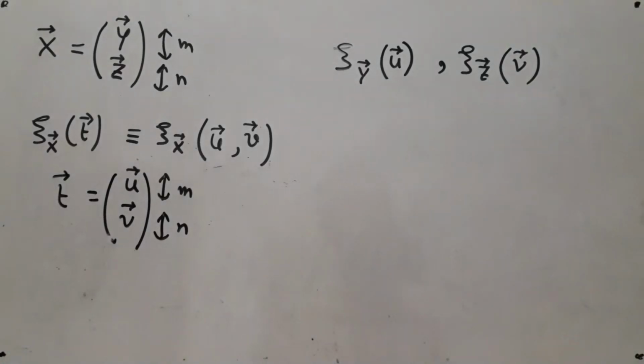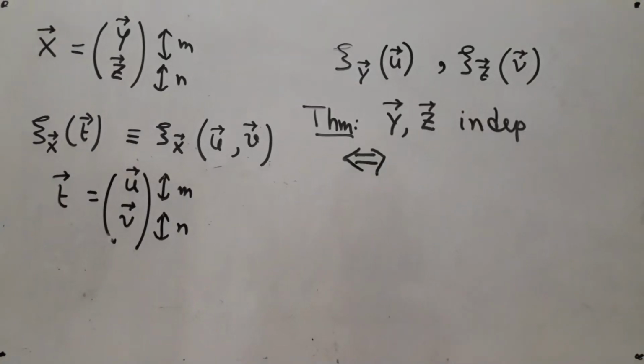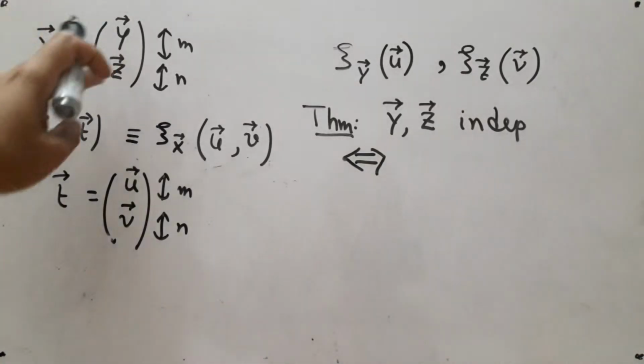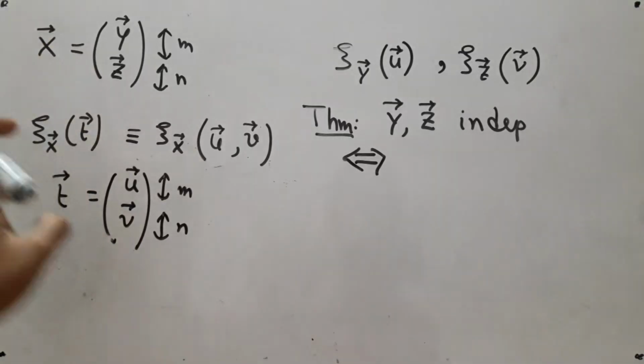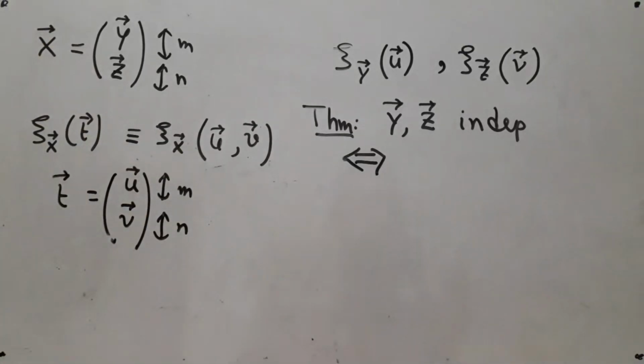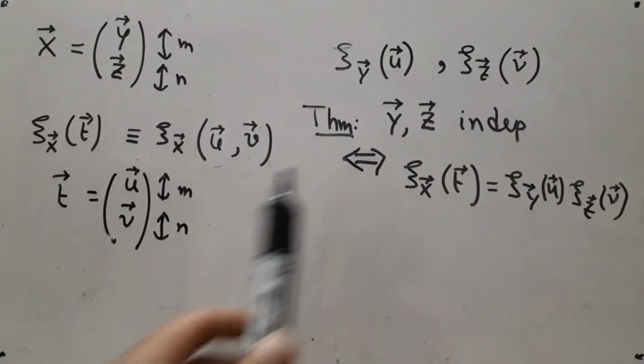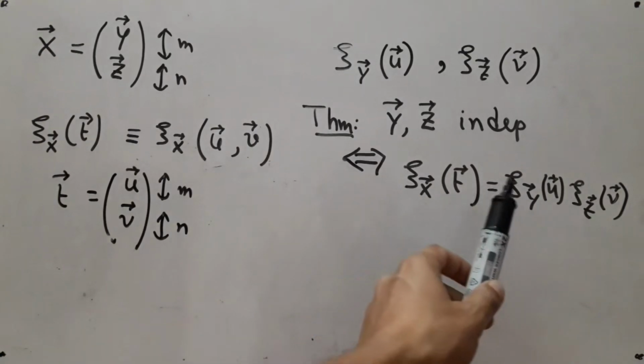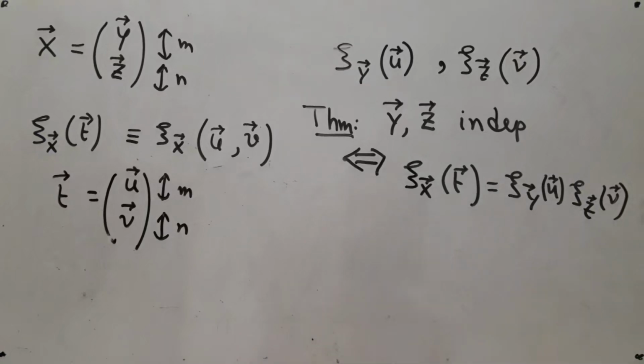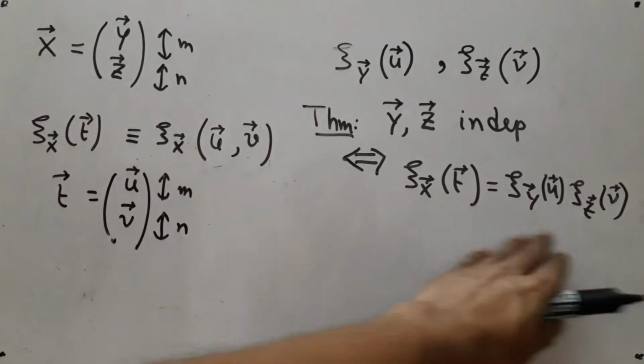Now the theorem is that y and z, these two parts of x, are independent if and only if the characteristic function also factorizes. Xi x can be written as a product of xi y and xi z. The proof is extremely simple because these are nothing but expectations.